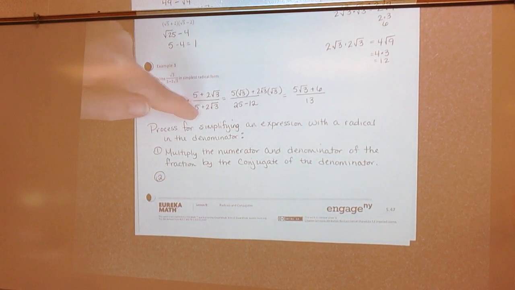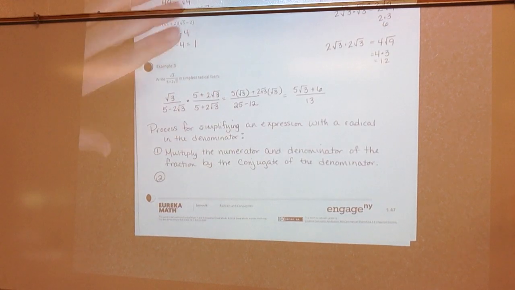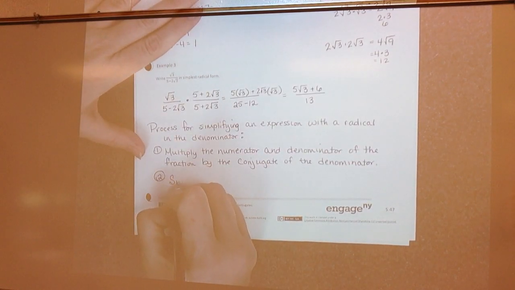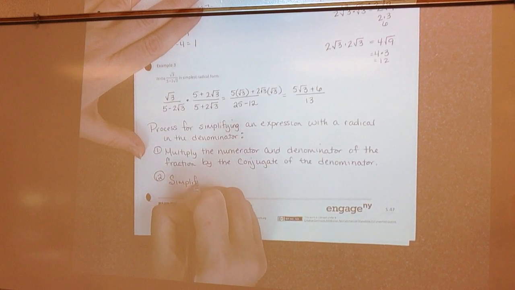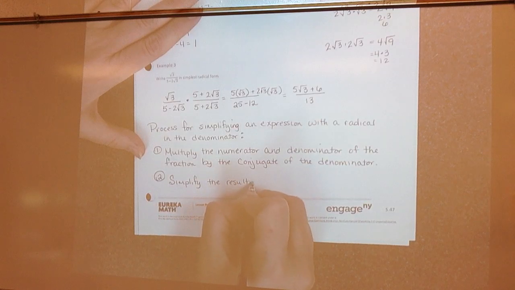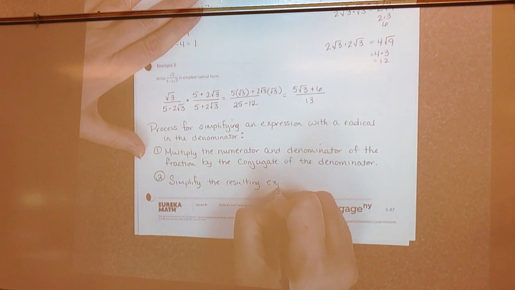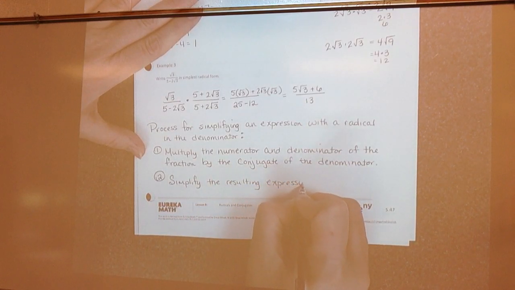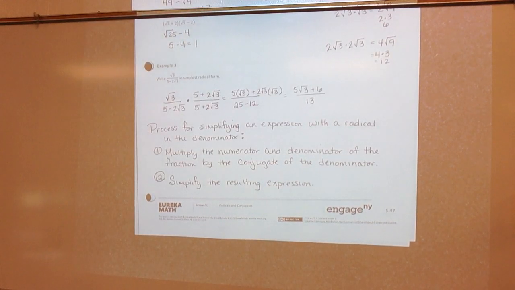We took the conjugate of the denominator and multiplied it. And then simplify the resulting expression. Guys, that's 2 steps.